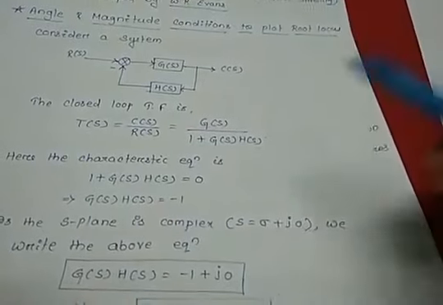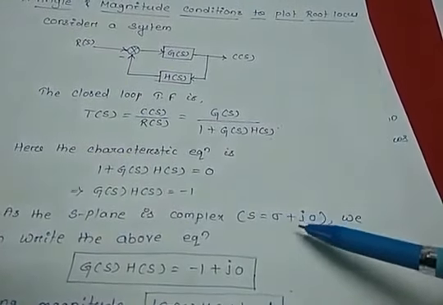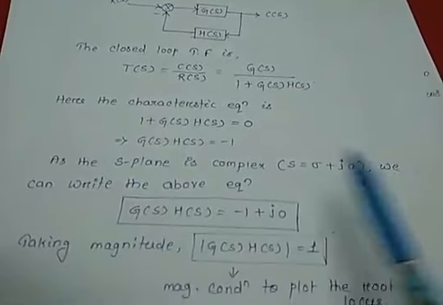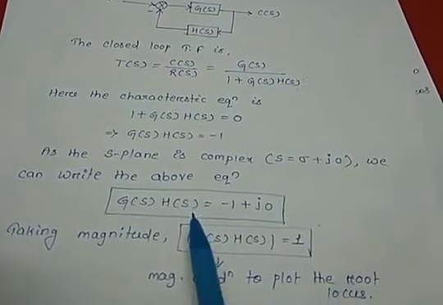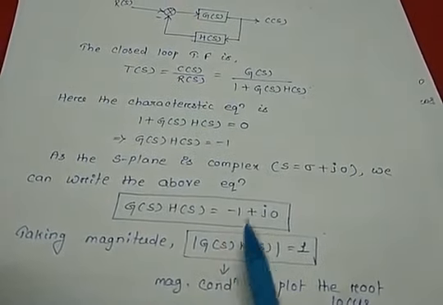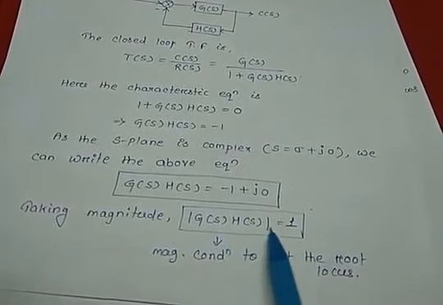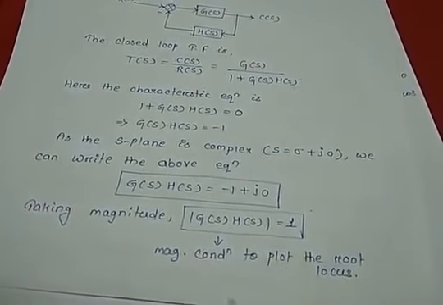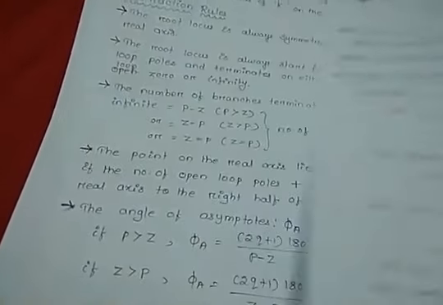As it contains both real and imaginary parts, we can represent s equal to sigma plus j omega. So we can write the above equation as G(s)H(s) equal to minus 1 plus j0. Taking the magnitude condition, the magnitude of G(s)H(s) equal to 1. This is the magnitude condition to plot the locus.